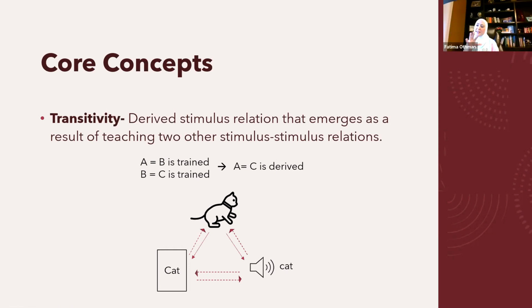I mean, that's the equivalence triangle, the equivalence formation, or the equivalence class. Look at it as a whole. So it's not just about getting this relation or that relation, you get all those relations. Transitivity is, I would say, the last test to see that a stimulus equivalence has happened, but it's not the only one.